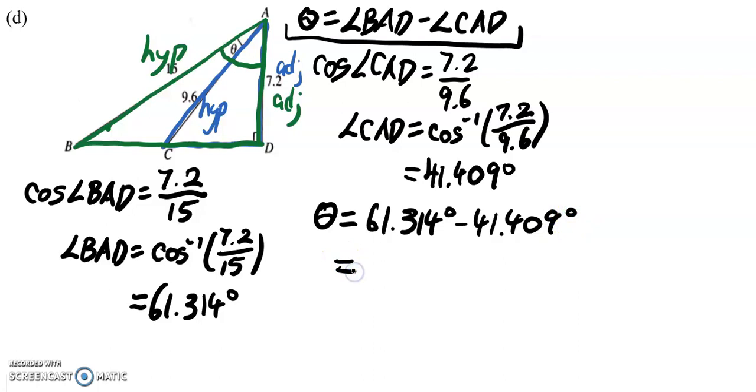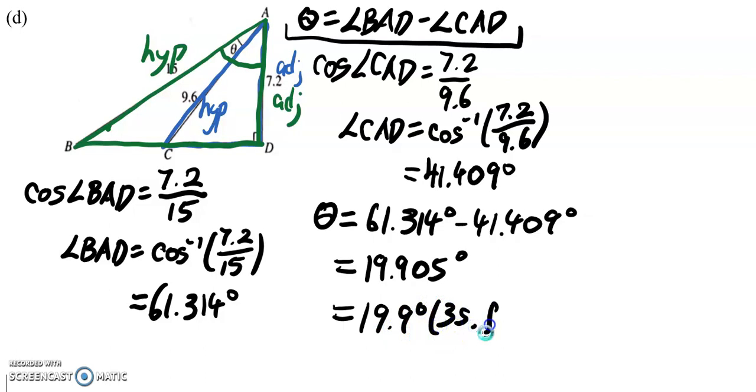So this gives us 19.905 degrees. And we actually need to round off to 3 significant figures from the requirements of question 7. So this gives us, as a result, 19.9 degrees, 3SF.